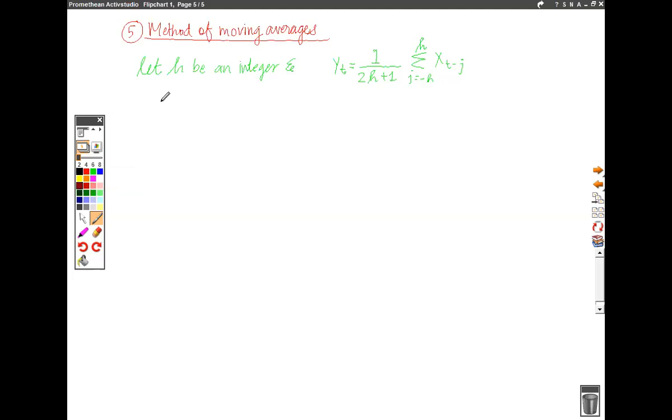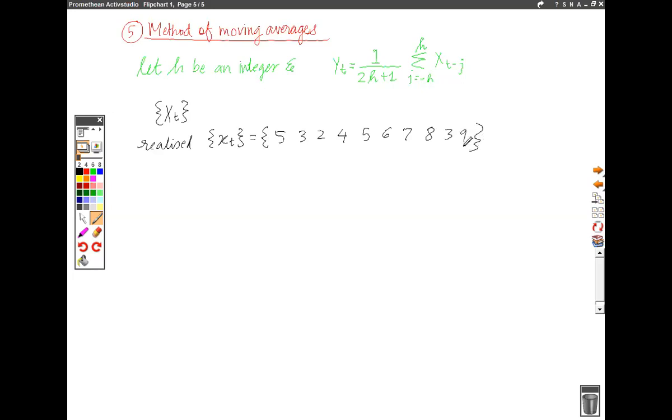Let us say I have a process xt and it has realized some values. So my realizations I'm going to denote by small xt, which are just some random bunch of numbers. So I can put 5, 3, 2, 4, 5, 6, 7, 8, 3, 9.